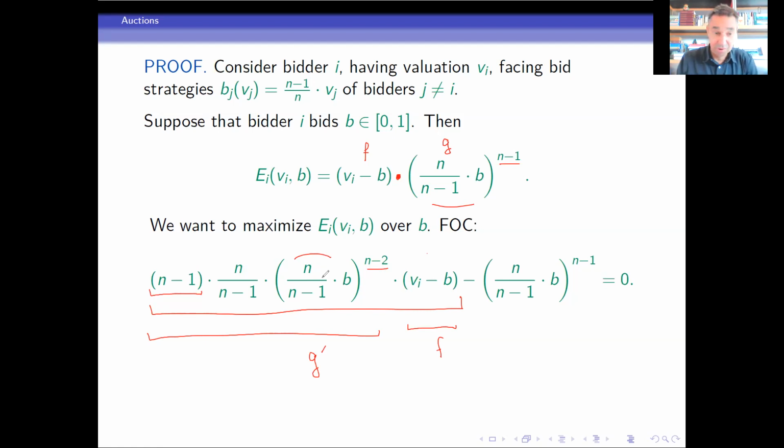You have to use the chain rule. And that is why this extra factor over here is present, because that is the derivative of this over here with respect to b. Plus, well, and then this is simply g. Sorry, it's of course plus initially, right? But the f prime in this case is -1, meaning the derivative of this expression here with respect to b. So that's why we get a minus over there.